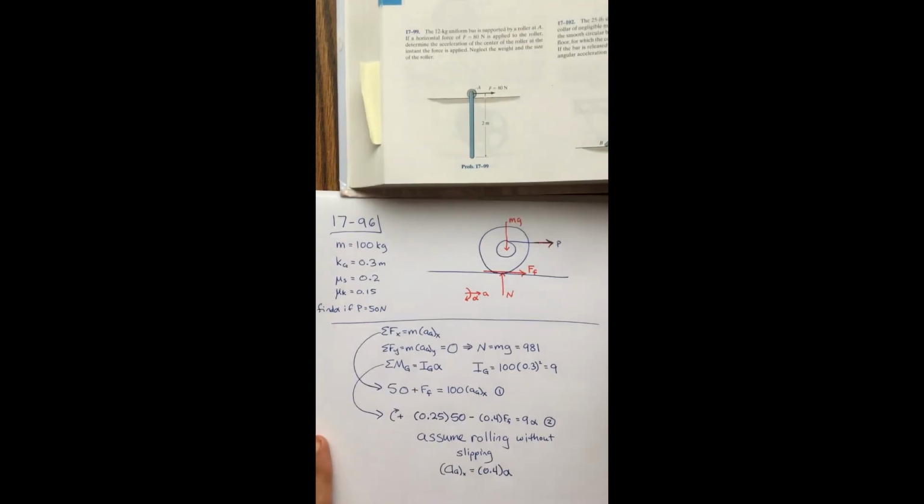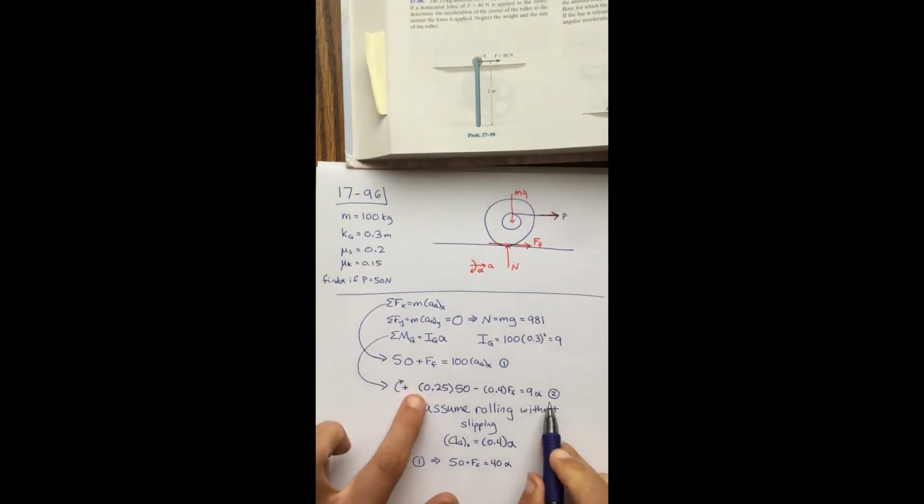So for equation 1, I get 50 plus the force of friction is equal to 100 times 0.4 times the angular acceleration. So that would be 40 times the angular acceleration.